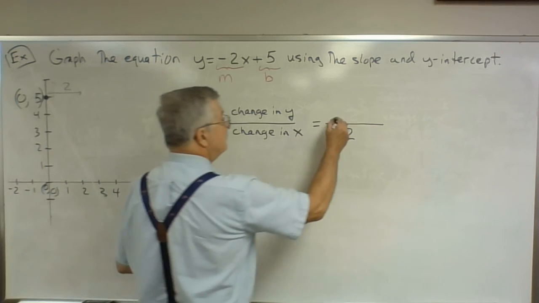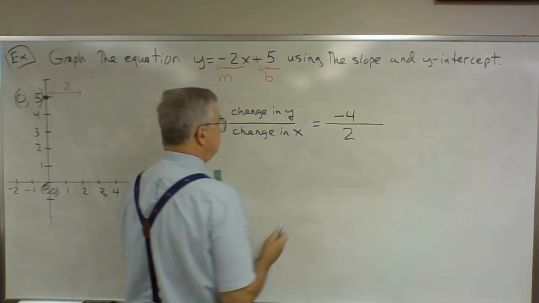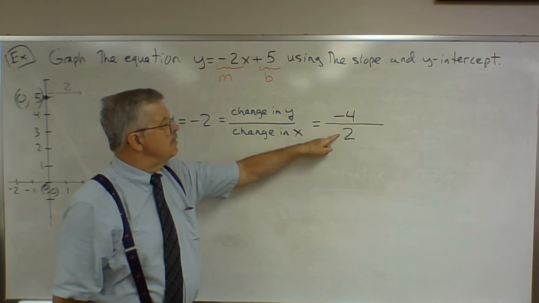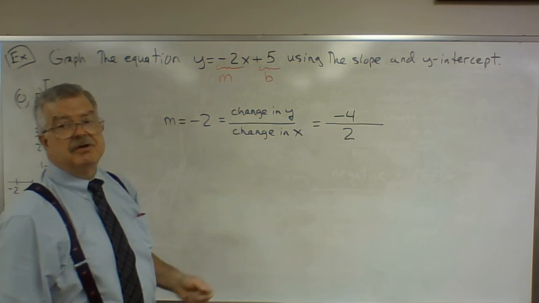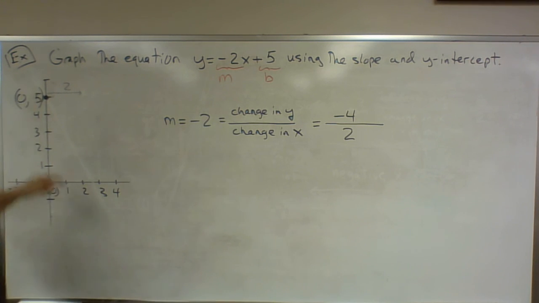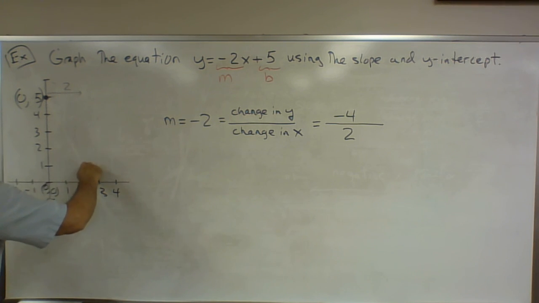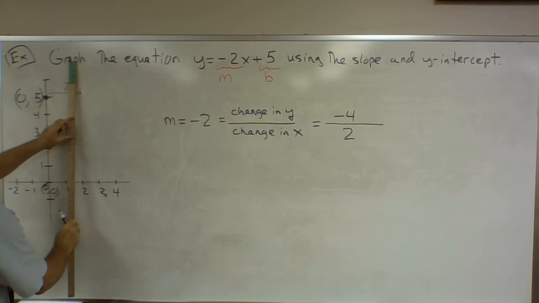Negative 4? Does that work? Negative 4 divided by 2 is negative 2. Yeah, that works. We've gone 2 units in the positive x direction, left to right. Now we're going to go 4 units in the negative y direction. So we're going down 4 units.